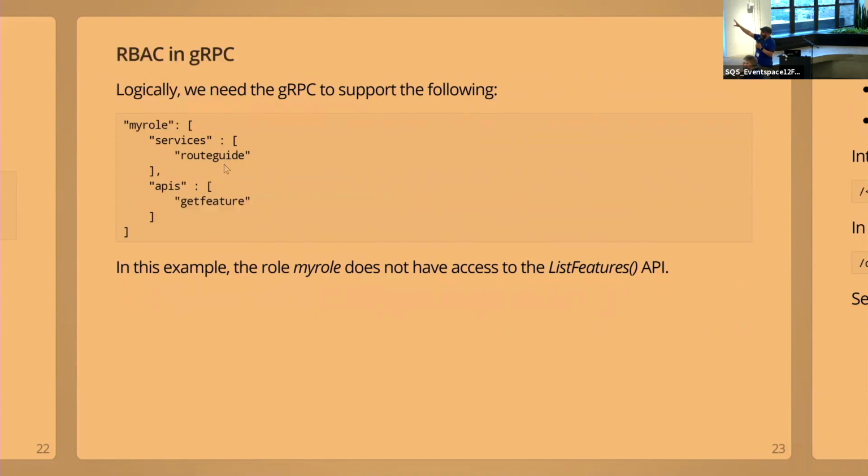So MyRole has access to get feature, but it doesn't have access to list feature. When the code runs through this and looks at this role, it'll look at the rules and say you don't have access to do this API, and it'll reject that call.